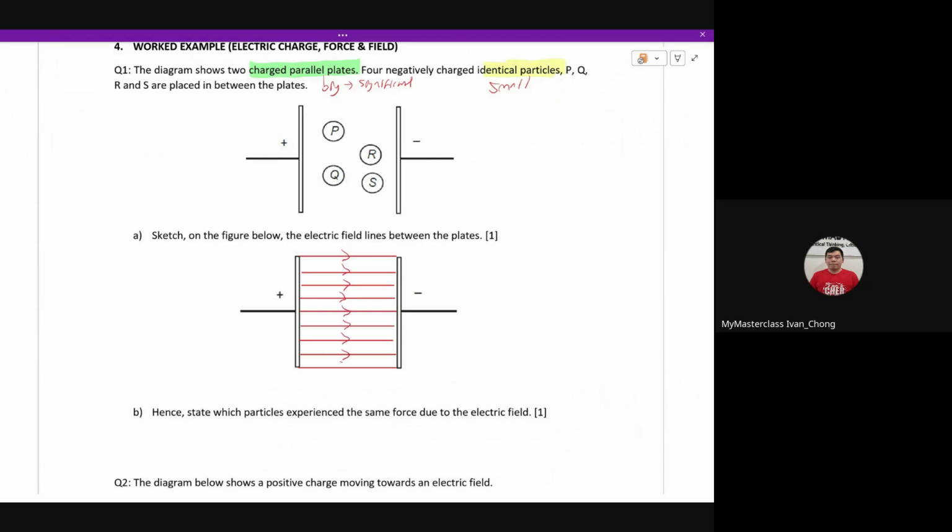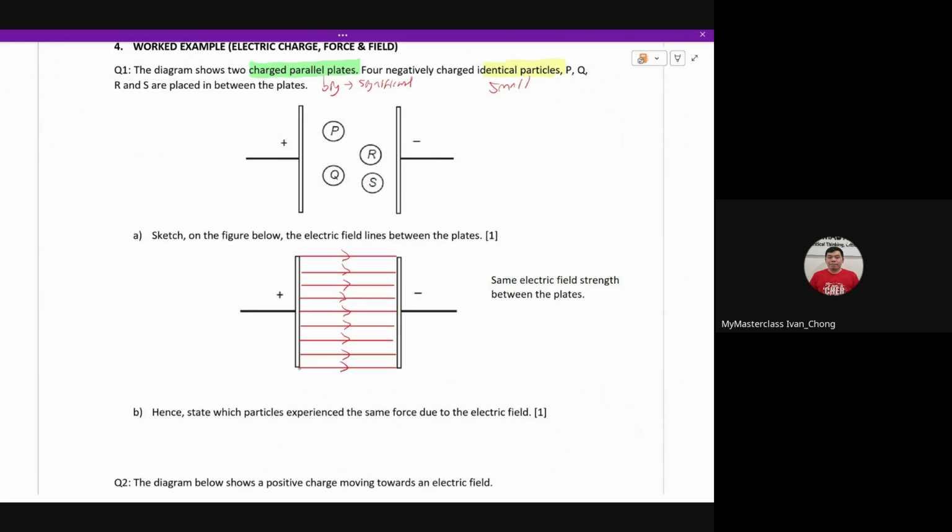Okay, so what's so special about your field lines for your metal plates is that they have the same electric field strength between the plates. Now on a side note, if we don't draw between the plates, what about the edge?